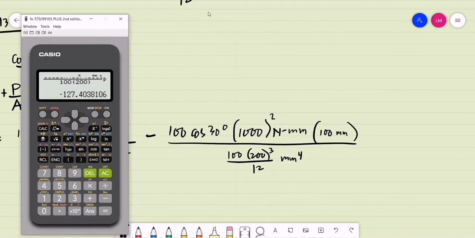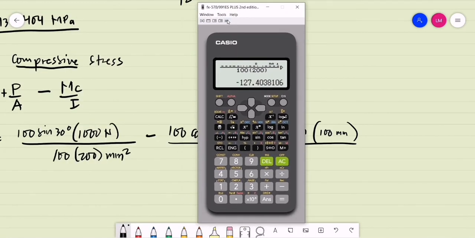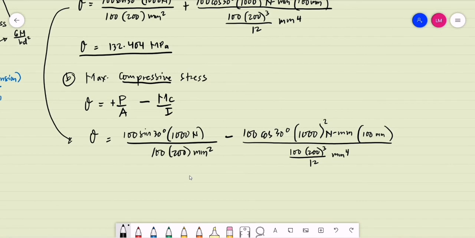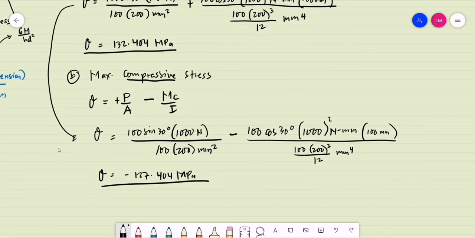As you can see, we arrive with a negative sign. So that is a compressive stress. So we have sigma equal to negative 127.404 megapascal. So this is our answer for the maximum compressive stress.